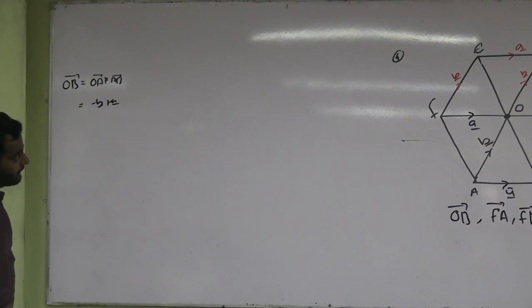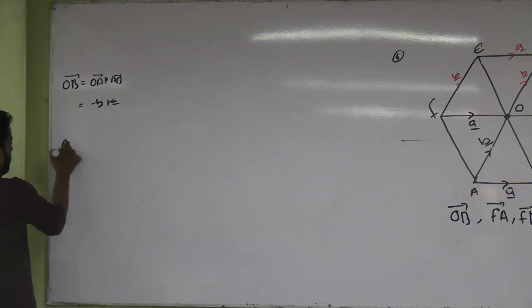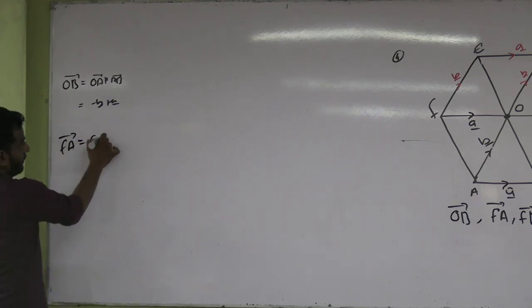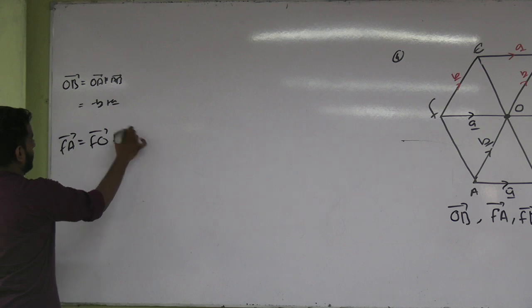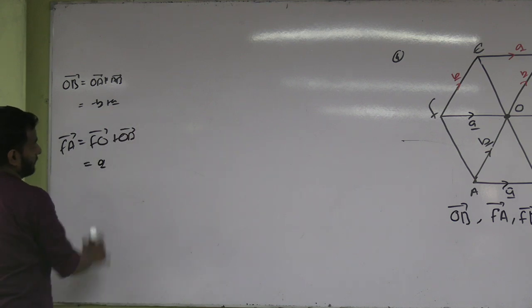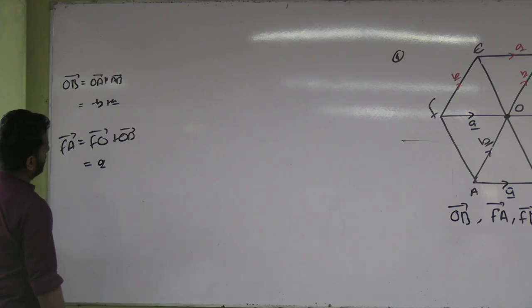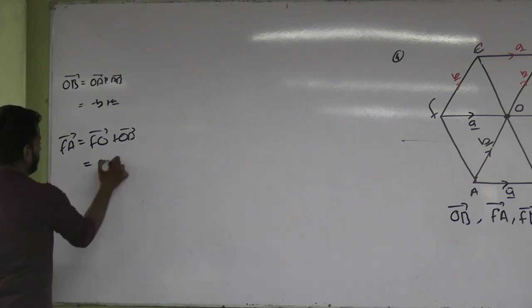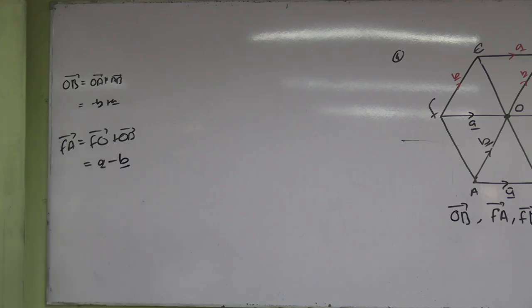The next is FA. So we can write FA equals FO plus OA, and OA is minus B. Okay.